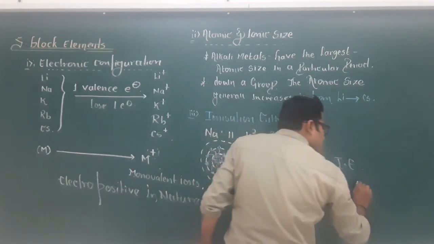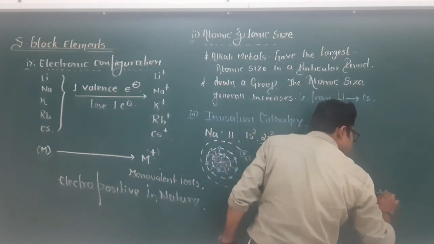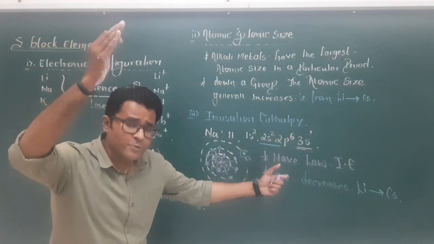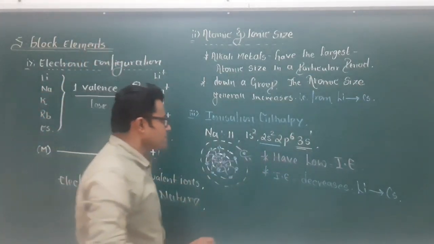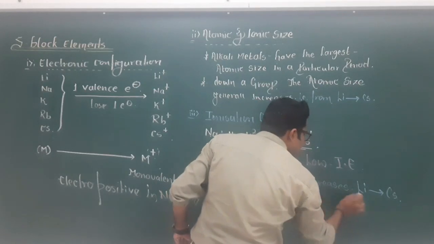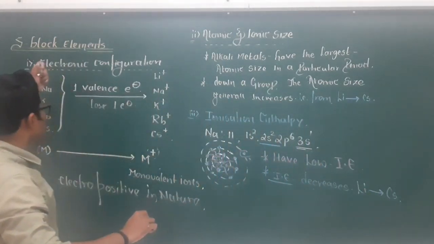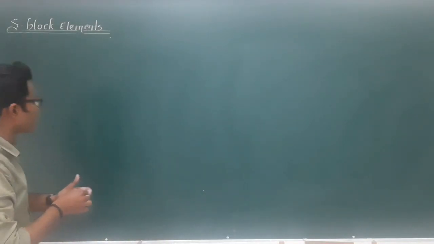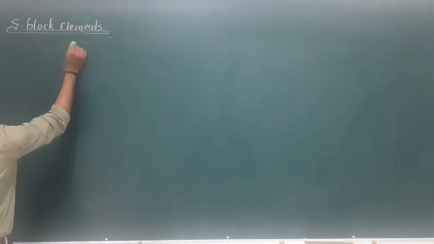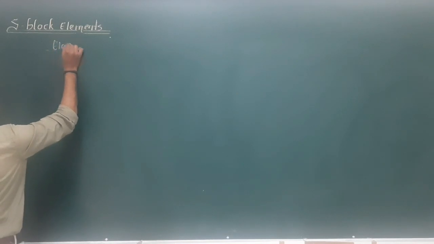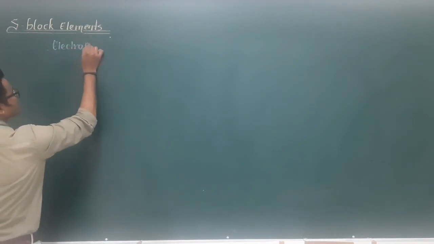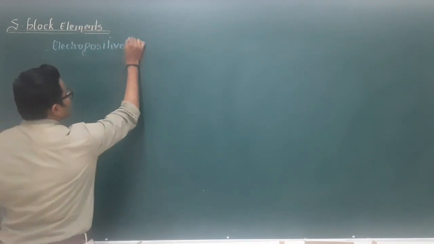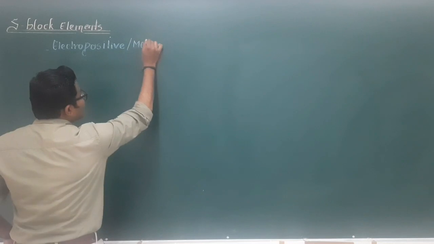That means as we travel from lithium to cesium, the ionization enthalpy goes on decreasing. Coming towards the next property, the next property is going to be the electropositive nature or the metallic nature.